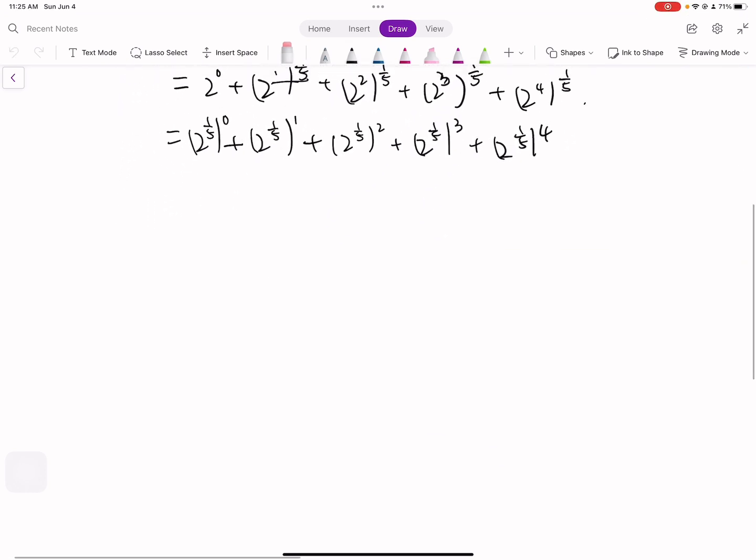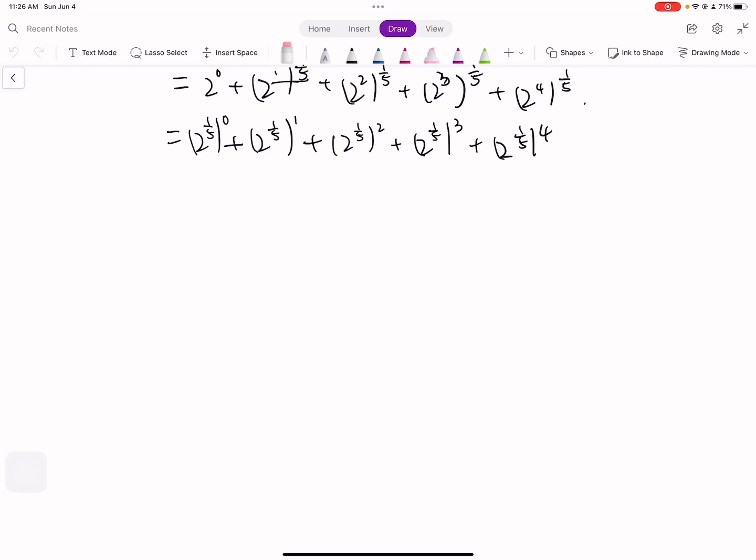Okay. So now we might notice that this is basically a geometric sequence with a common ratio of 2 to the power of 1/5. Some of you might not know what a geometric sequence is, but let me just introduce it. A geometric sequence is a sequence of numbers with a common ratio.